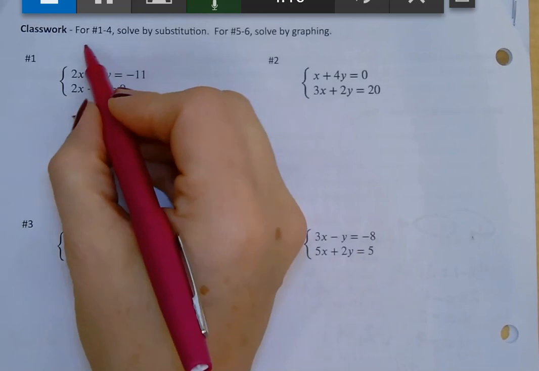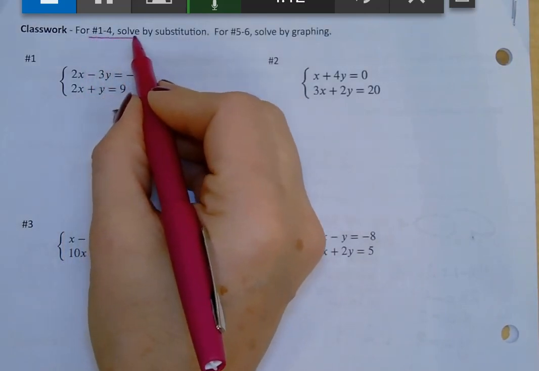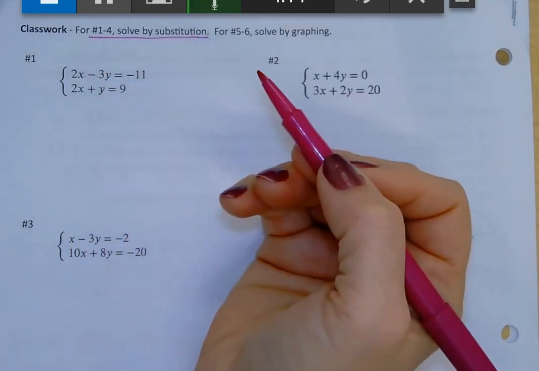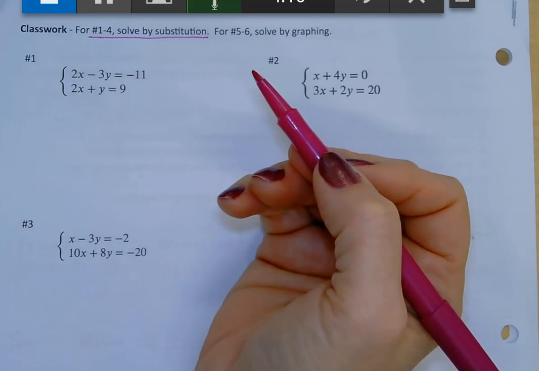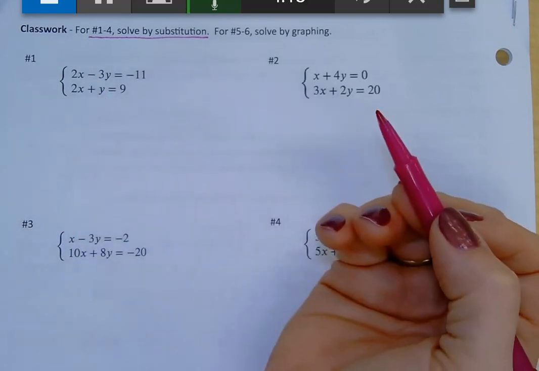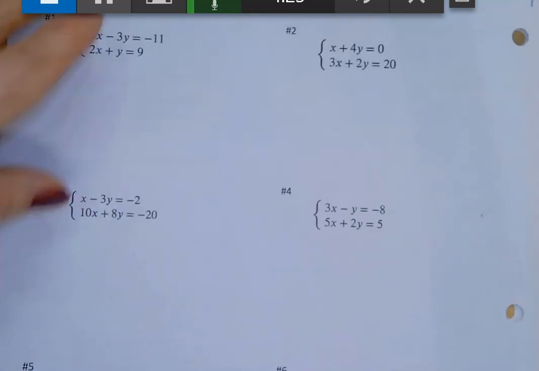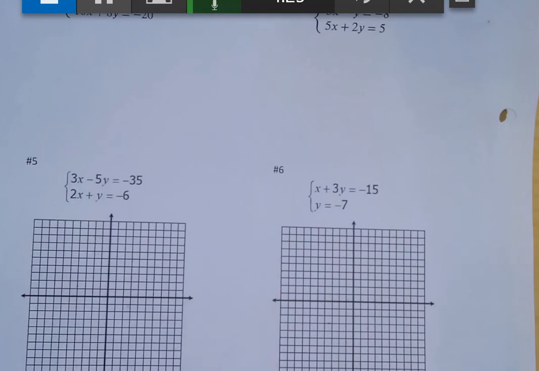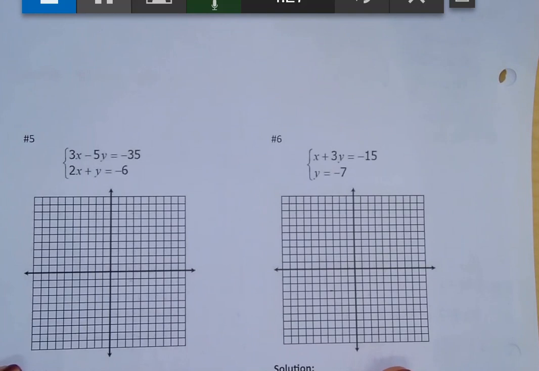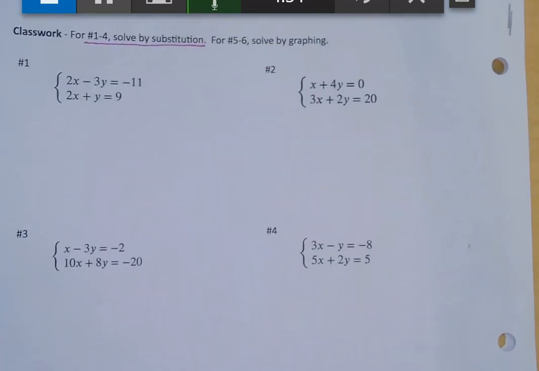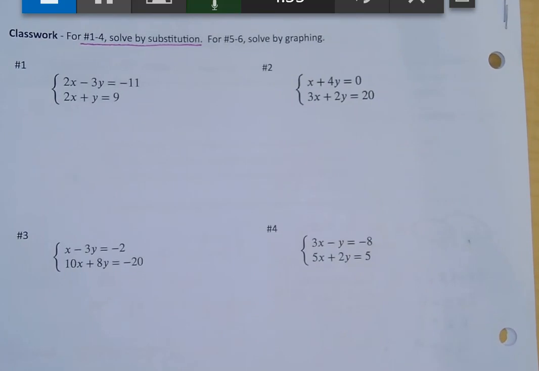And notice that we're asking you to solve numbers 1 through 4 by substitution, which is what we were just doing. Isolate one of those variables. And then for 5 and 6 down at the bottom, where we've given you nice, handy graphs, go ahead and solve those by graphing. All right, so pause the video, do your problems, come back and check and see if you got the same answer as me, and good luck.